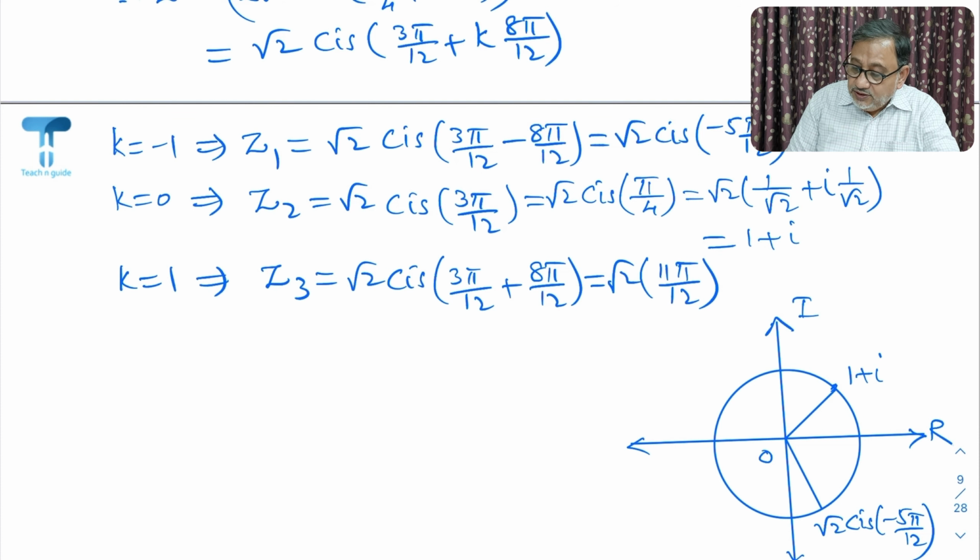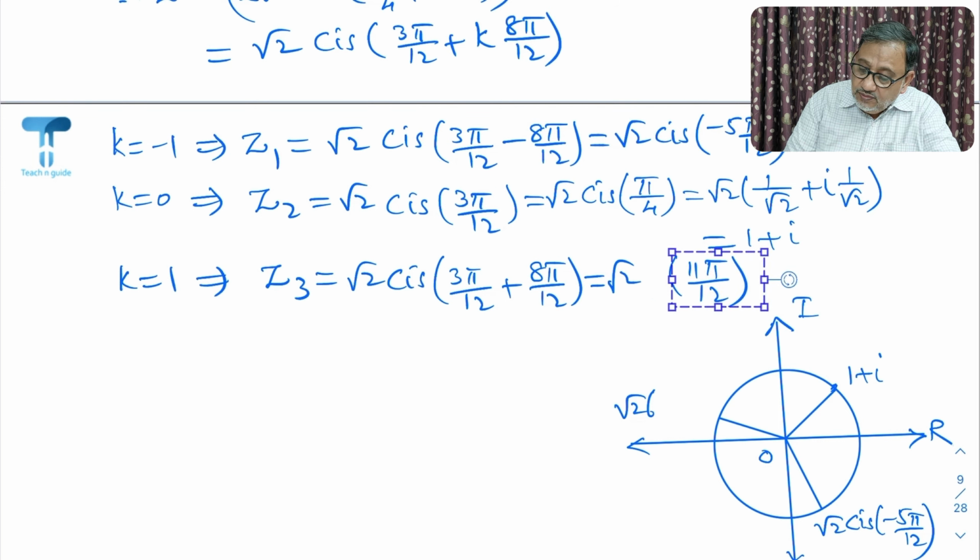So, or maybe I should put it like that, then it will be correct. So here root 2 cis, I should write cis with it, I forgot here also, cis.